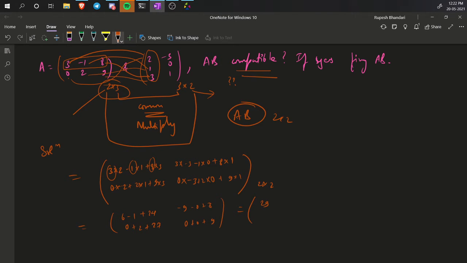The number is 1 only, no? That's why 29, and then this should also be into minus 1, and then after that this will be 9, yeah. So 2 by 2, okay. So this matrix is also solved, right?